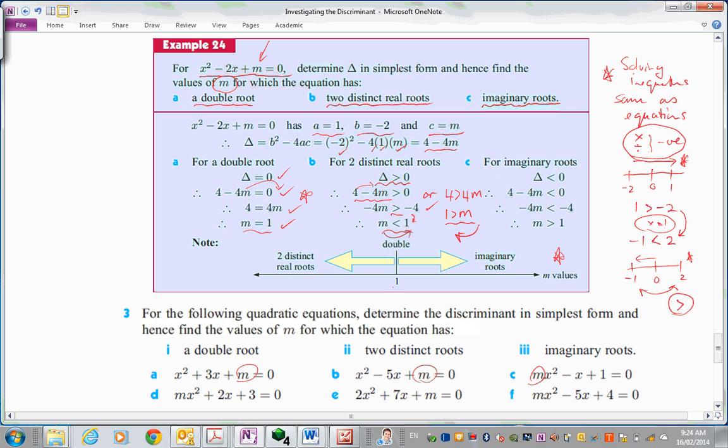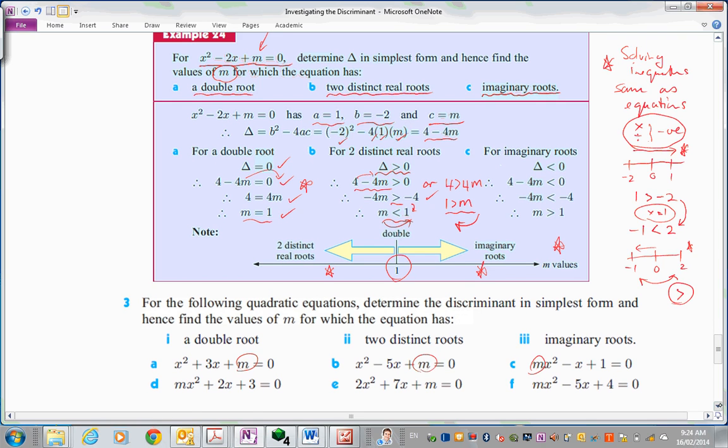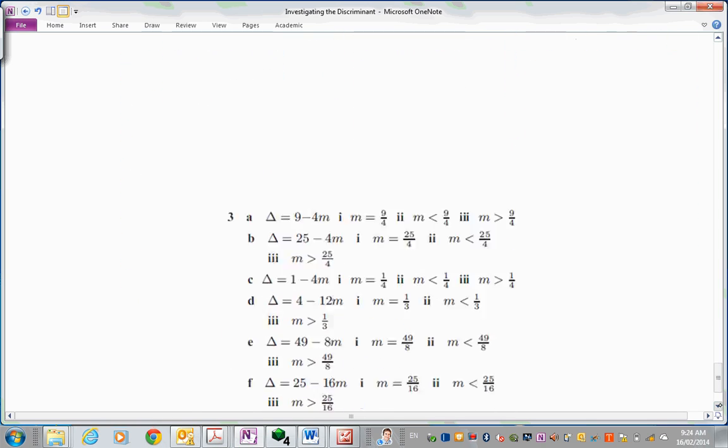You've got a double root when m takes that value to make discriminant 0, and on this side we've got two distinct real roots, on this side imaginary roots. So there's a whole lot of m values that when you stick in there will fall in one category or the other. So, range of m values. Have a go, and I'm going to show you the answers. Come on down now. Here are some answers.